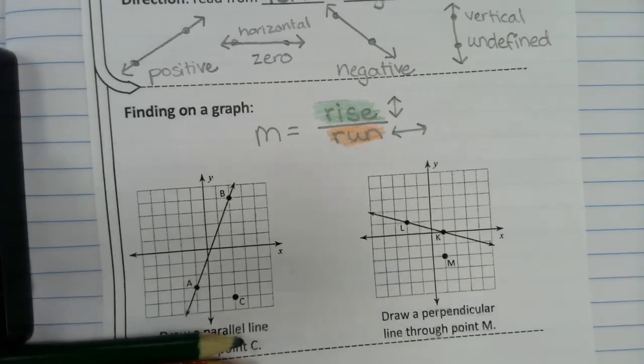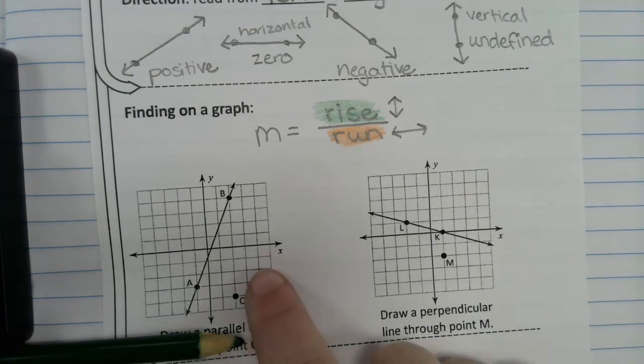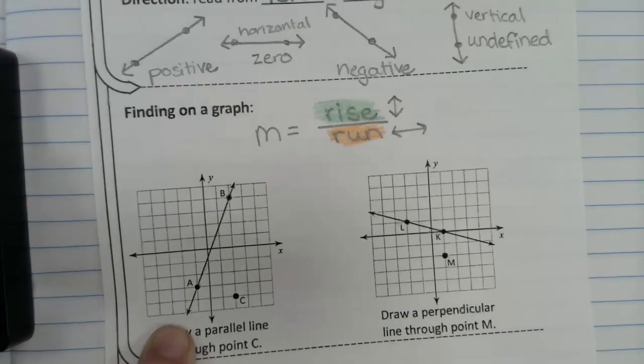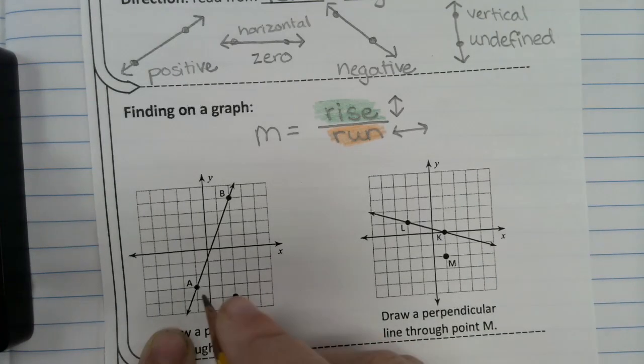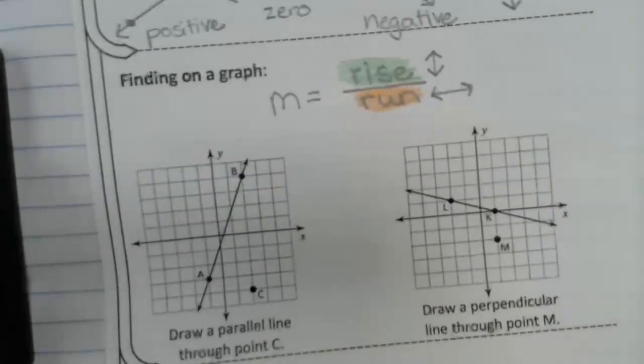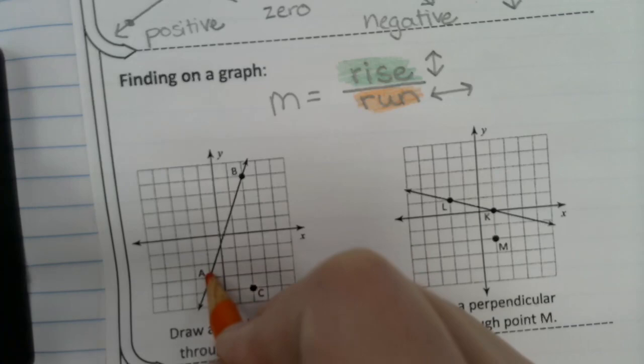All right, rise over run. So when we go on a graph, rise over run, we need to start from one point and go to the other point. So as I look at AB, if I count my rise and my run from A to B, my rise, I want to start at A and I'm going to go up.